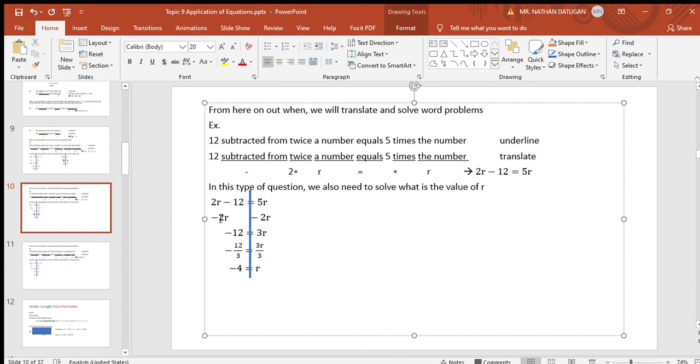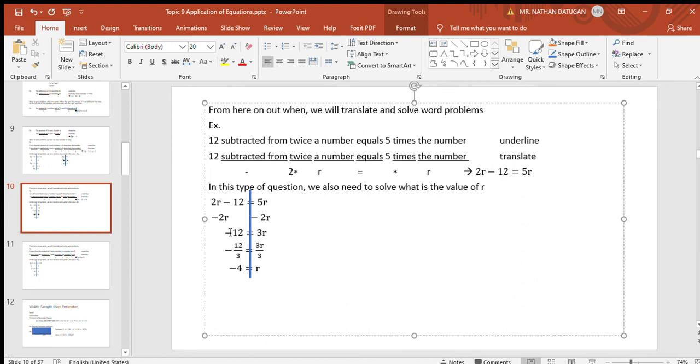So first things first, we have an equation, so what do we do? We have variables on both sides of the equation, so what do we do? Well, we're going to move the smaller variable, in this case 2r. How? We subtract. Subtract 2r on both sides.